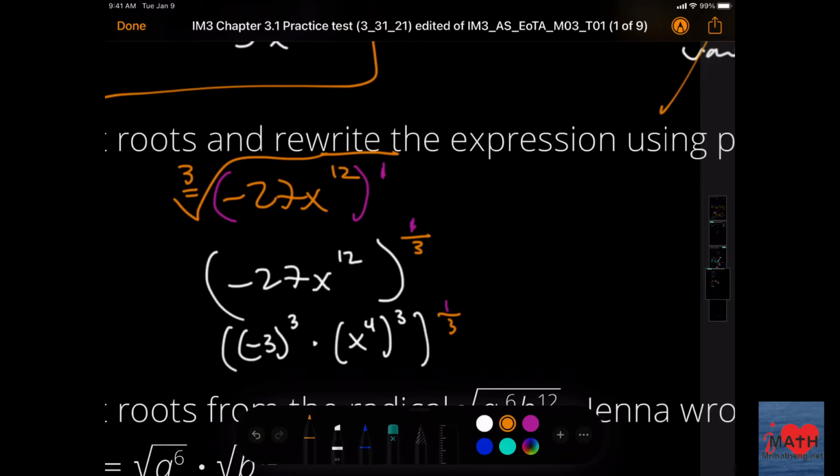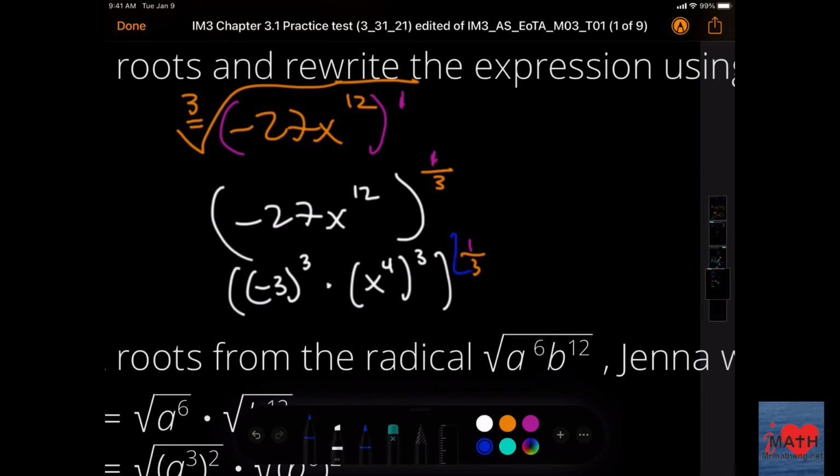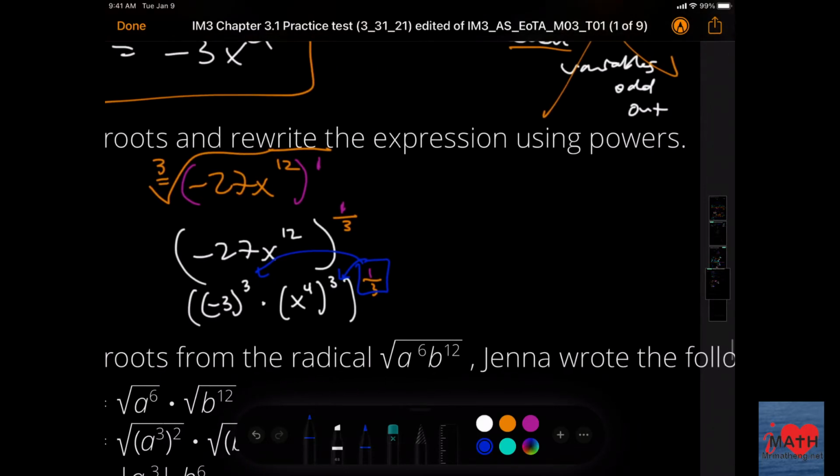Now, why did I choose a third power? Well, if you think about it, if I distribute this to each of these, you're going to get negative 3, x to the fourth, and then that 1/3.